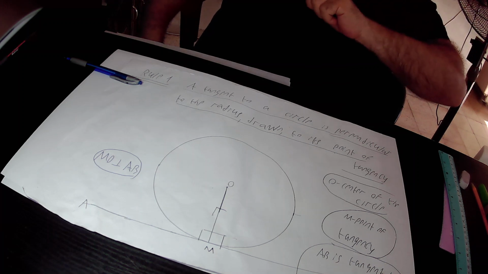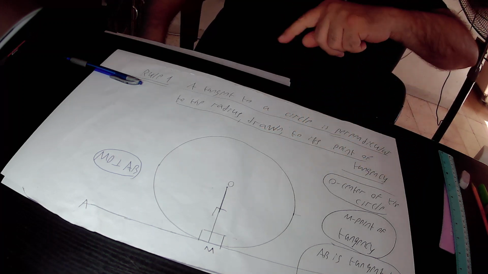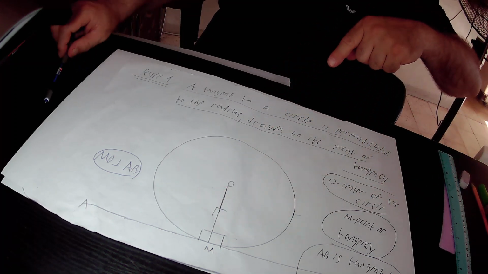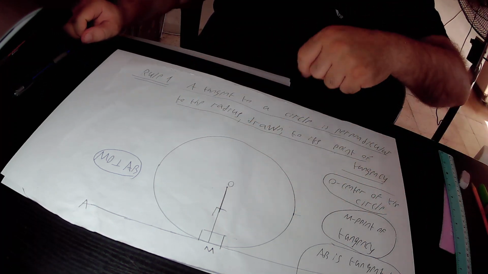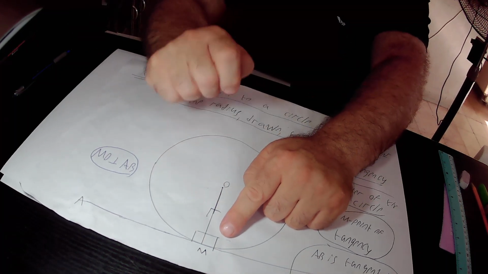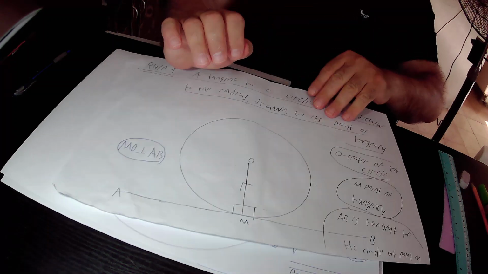Whenever you have a radius drawn to the point of tangency, then tangent AB will be perpendicular to the radius MO. If AB is perpendicular to MO, it means that this angle equals 90 degrees, and this angle also equals 90 degrees according to rule 1.